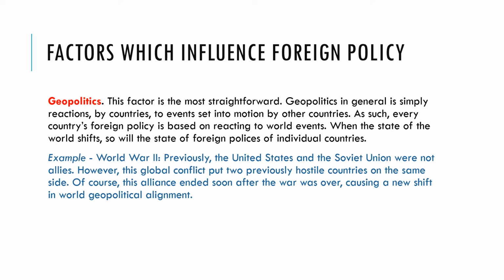The alliance itself ended as soon as the war was over, and that caused a new shift in world geopolitical alignment. And we discussed this in Module B when we said that along with the Cold War, the world was separated into the communist bloc and capitalist bloc.